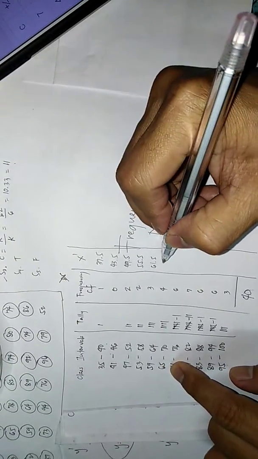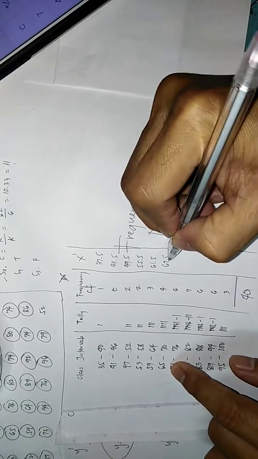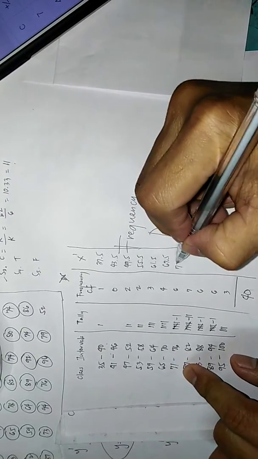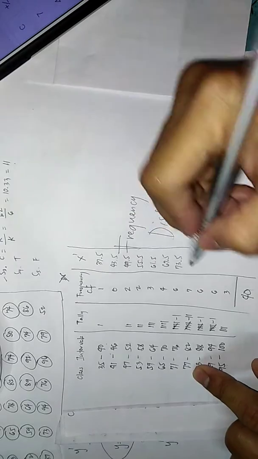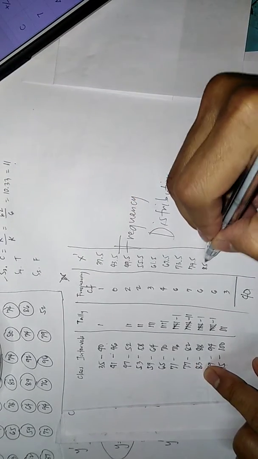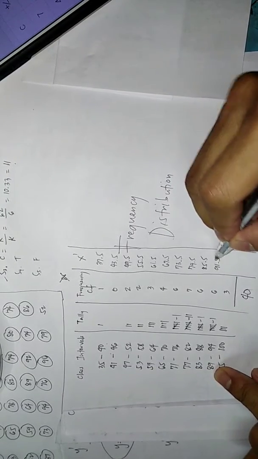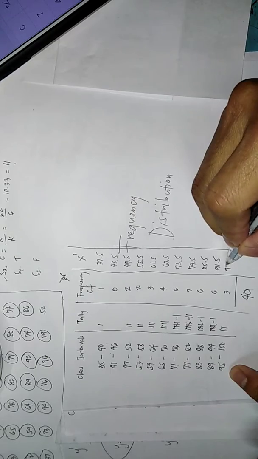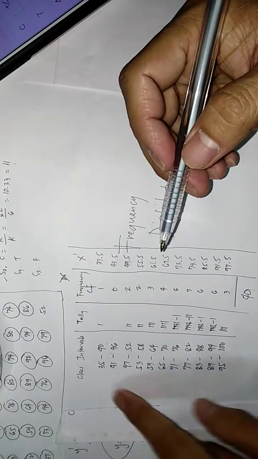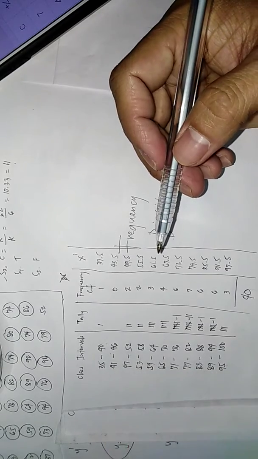This is 67.5. This is 73.5. This is 79.5. This is 85.5. This is 91.5. And this is 97.5. So, yun yung class marks, yung middle value ng each class interval.